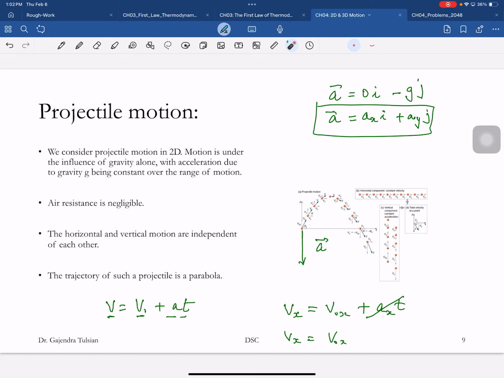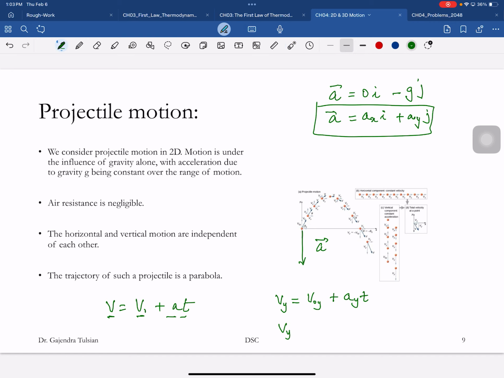Let's do the same thing for the y component. You guys following this? Your velocity changes only in the direction where you have acceleration. The final y component of the velocity is the initial y component of the velocity plus ay times t. Well, ay is not 0.